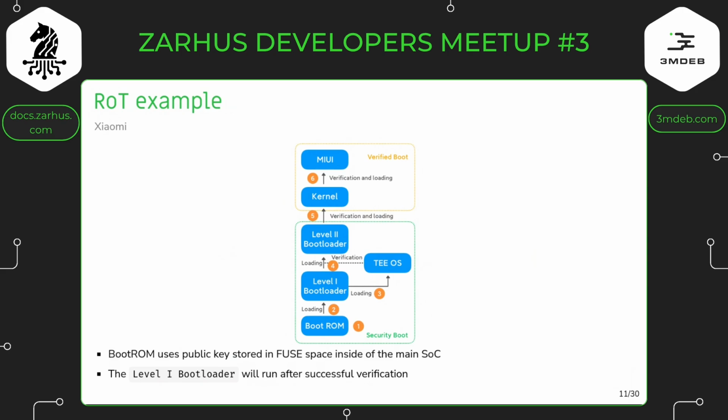So we have those vendor-specific bootloaders, vendor-specific trusted execution environment. So it's very fragmented in this area, and then we jump to the Android kernel using this Android Verified Boot feature. We will cover a bit more in a moment.